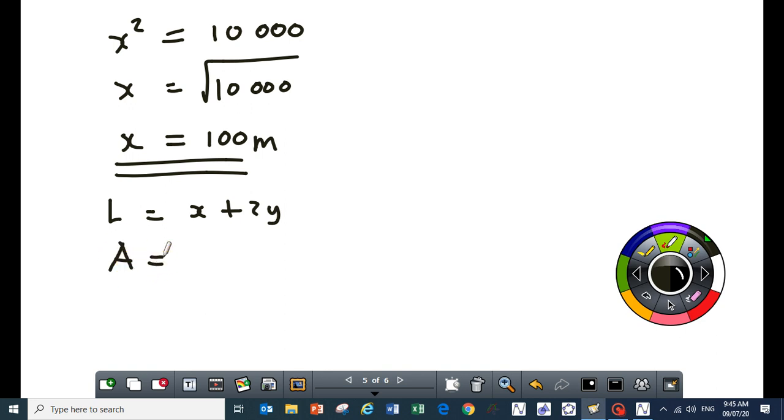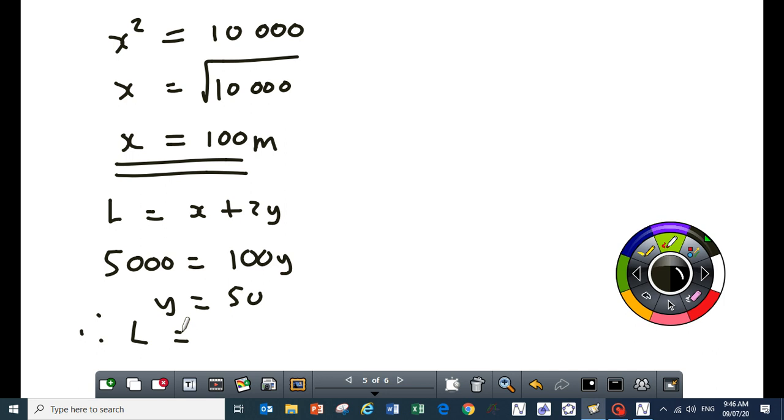Remember, the area is equal to 5,000. We know that X is going to be 100, so your Y is going to be 50. Therefore, L is going to be equal to 100 plus 2 times 50, which gives you 200 meters. That's the minimum length.